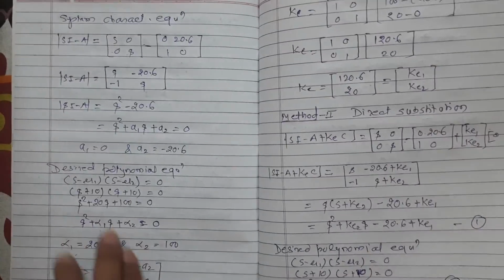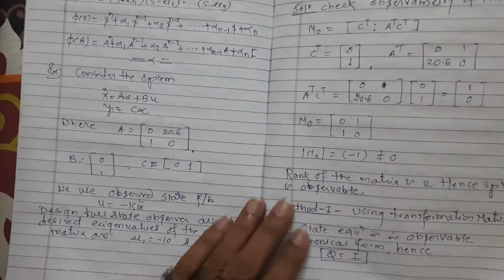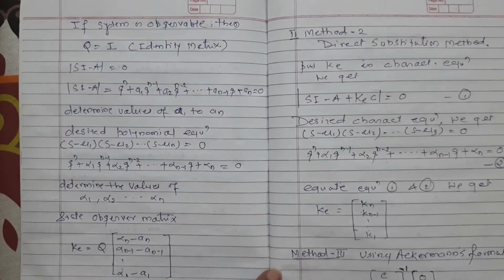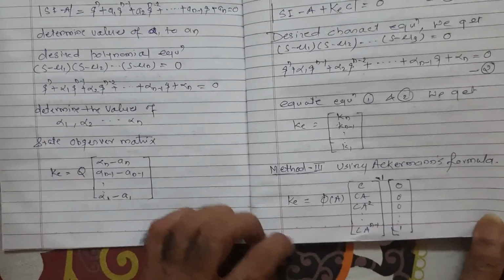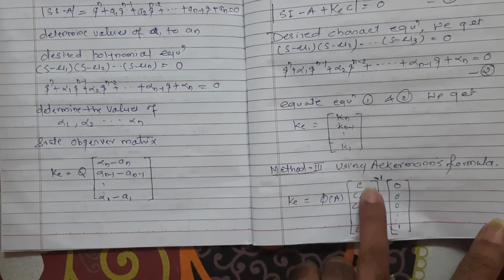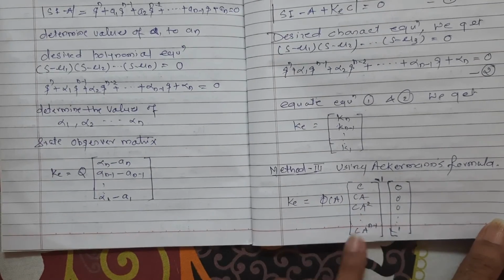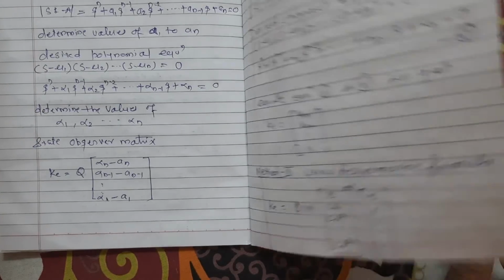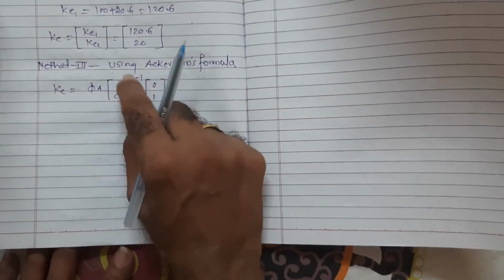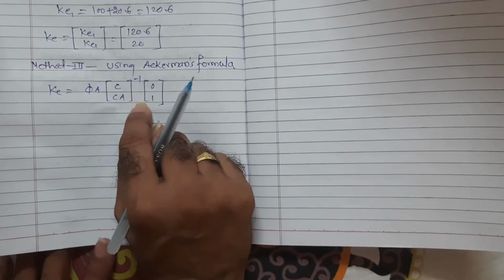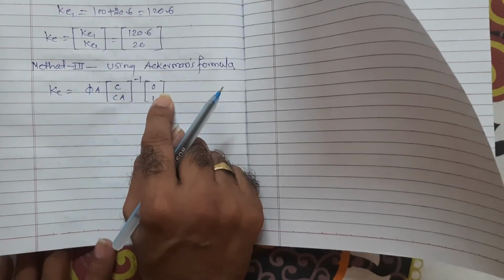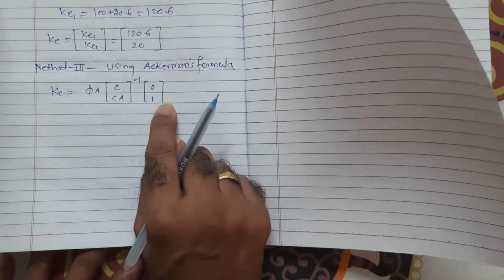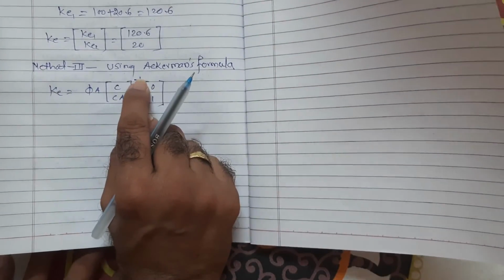Phi of A multiplied by C, CA square and so on, then 0, 0, 0, and the last term is 1. Here it is a 2 by 2 matrix, so we have only two terms, that is C and CA, and 0, 1. The first term is 0 and the last term becomes 1. So here is only 0 and 1, and we will take the inverse of this.